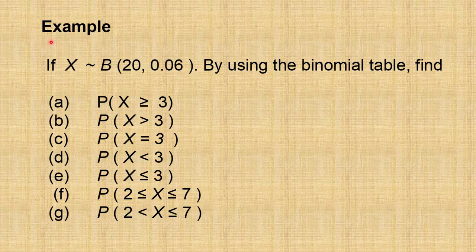Okay, we continue to the next example. If x is a binomial distribution, n equals 20, p equals 0.06. By using the binomial table, find A, probability x more than or equal to 3, B, P(x more than 3), C, P(x equals 3), D, P(x less than 3), E, P(x less than or equal to 3), F, P(x more than or equal to, less than or equal to 7), G, P(x more than 2 but less than or equal to 7).